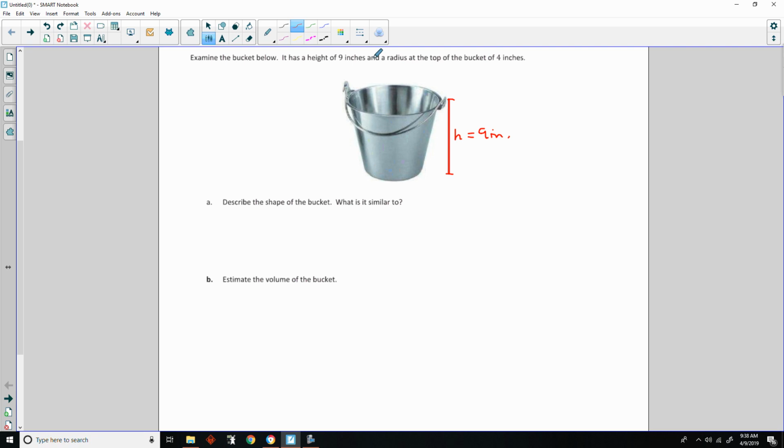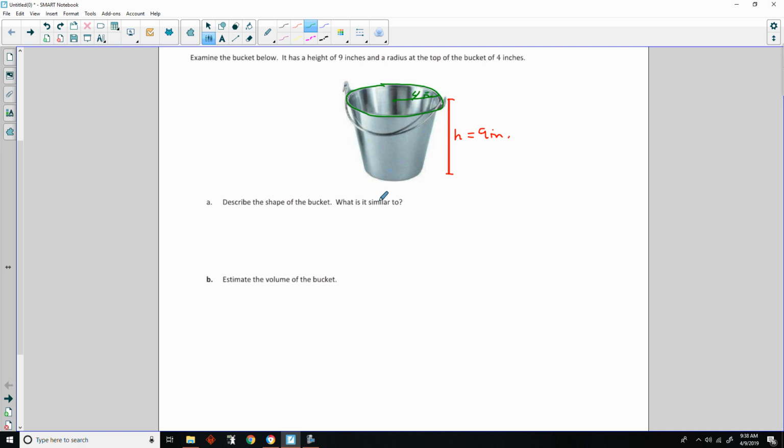The top of the bucket is a circle with a radius of 4 inches.